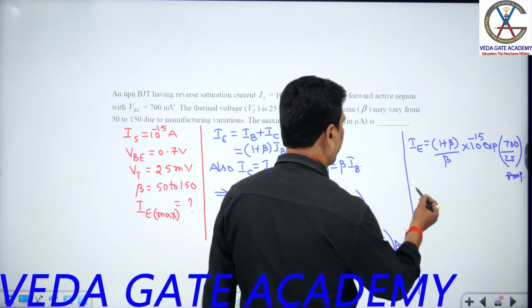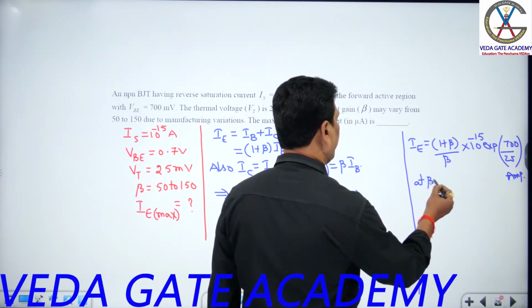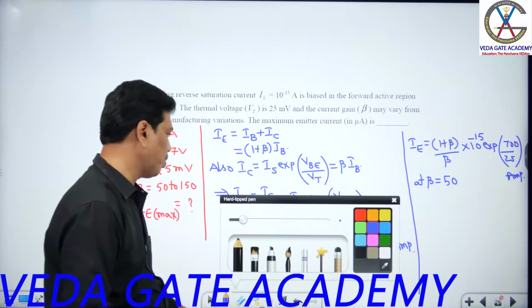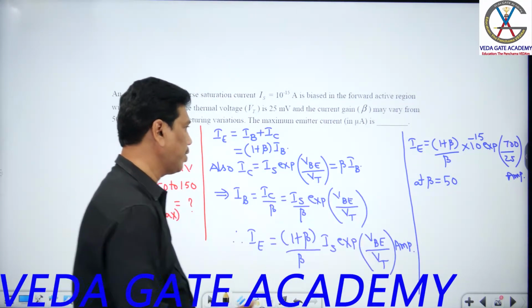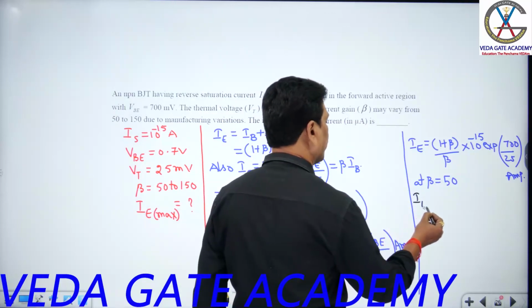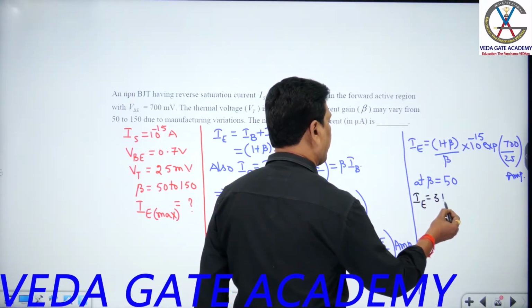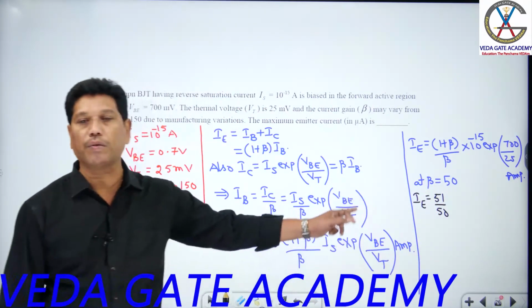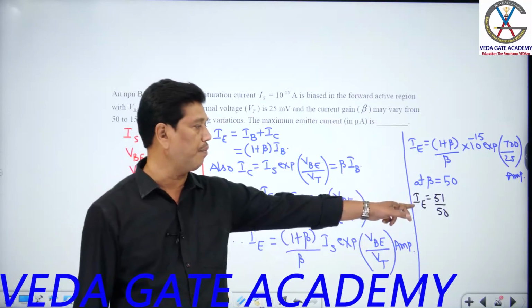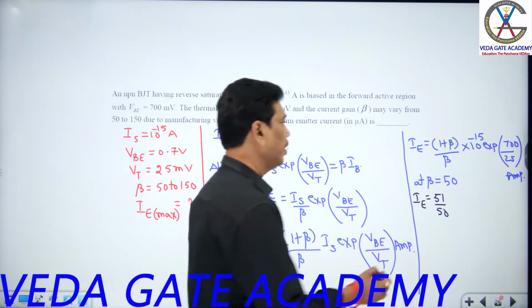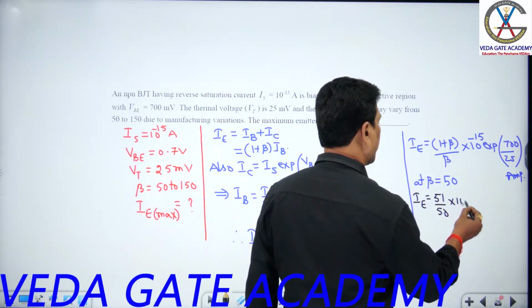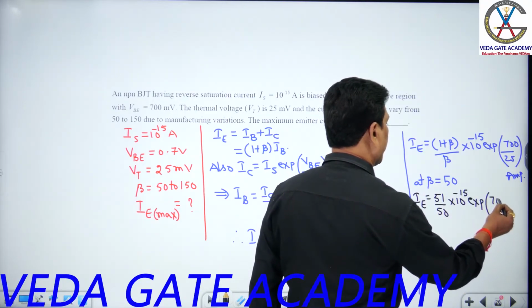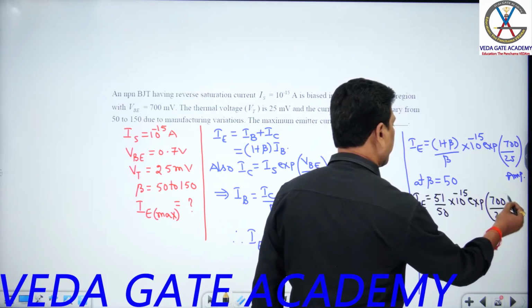First I go for beta equal to 50, students. At beta equal to 50 I substitute now. What is the value of IE I can get? IE equal to 51 by 50 into 10 power minus 15 exponential of 700 by 25 ampere.